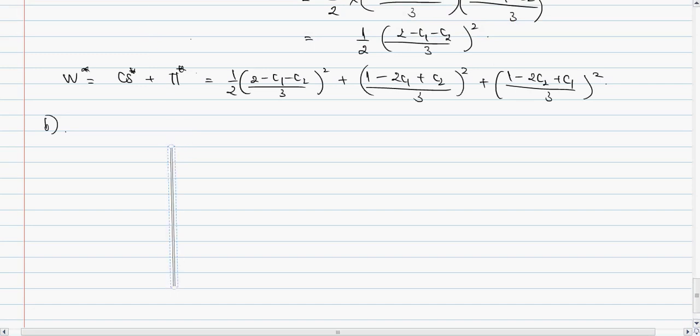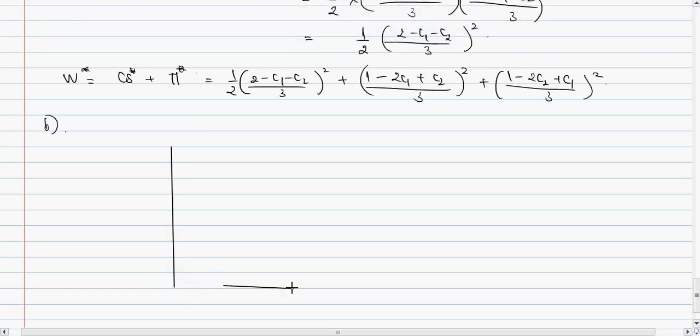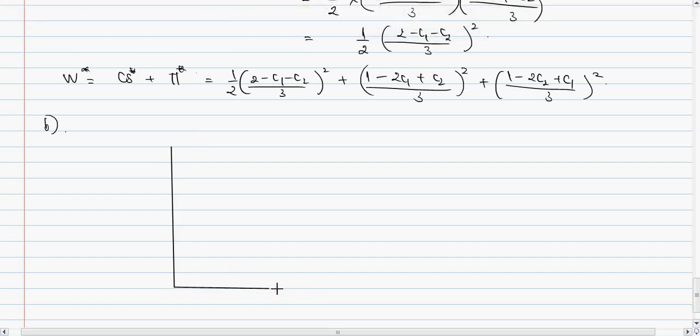Okay, so we'll have something like this. Sorry, we have a diagram of the best response, so that should be Q2 and this should be Q1.